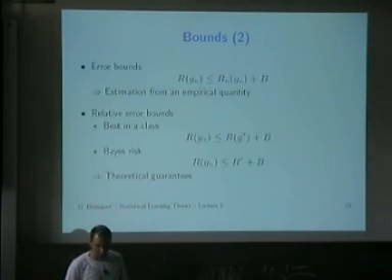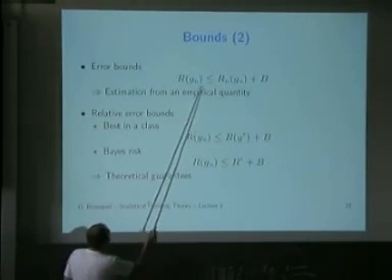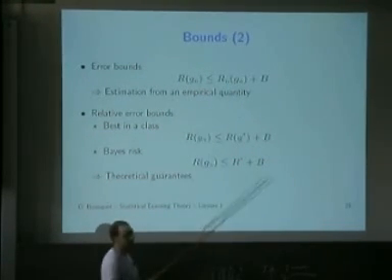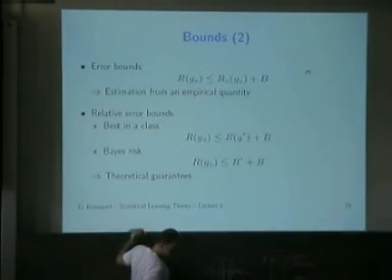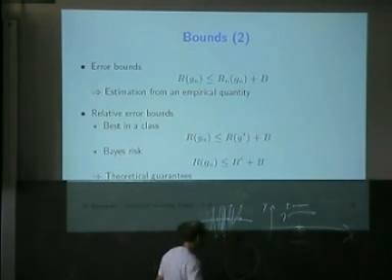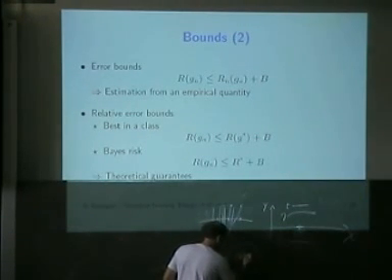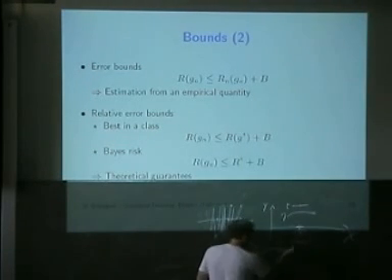Okay. And the last thing I want to mention before the break is that these statements will be probabilistic statements. So what does it mean? Let's say this is the nature. From this nature, we sample data.